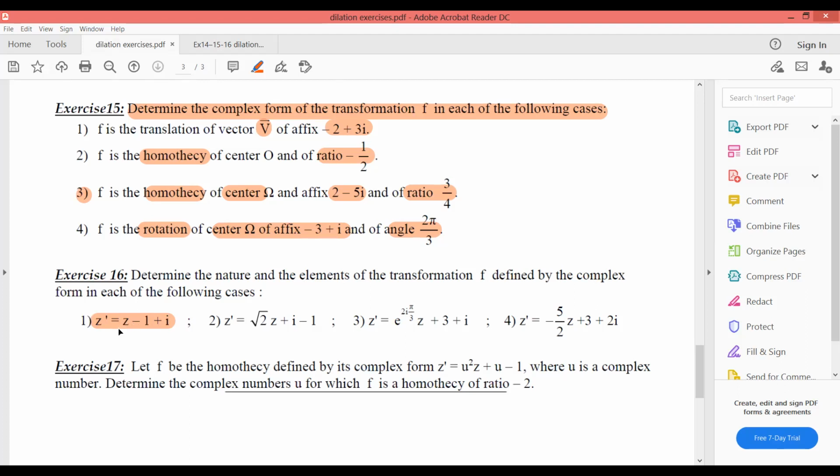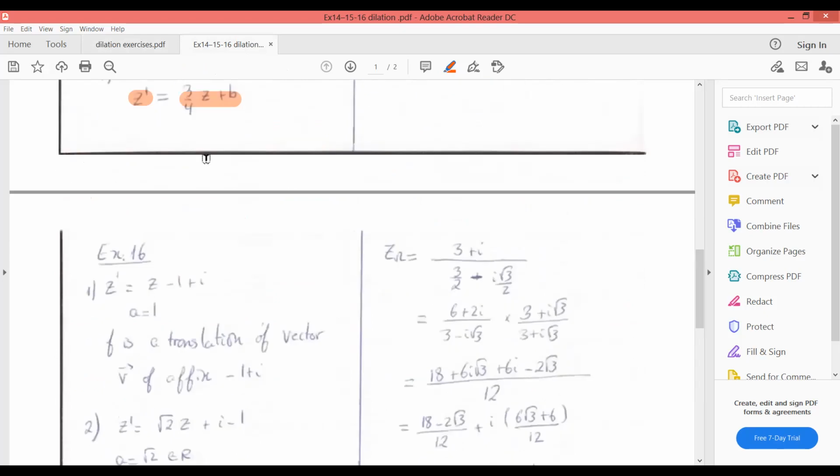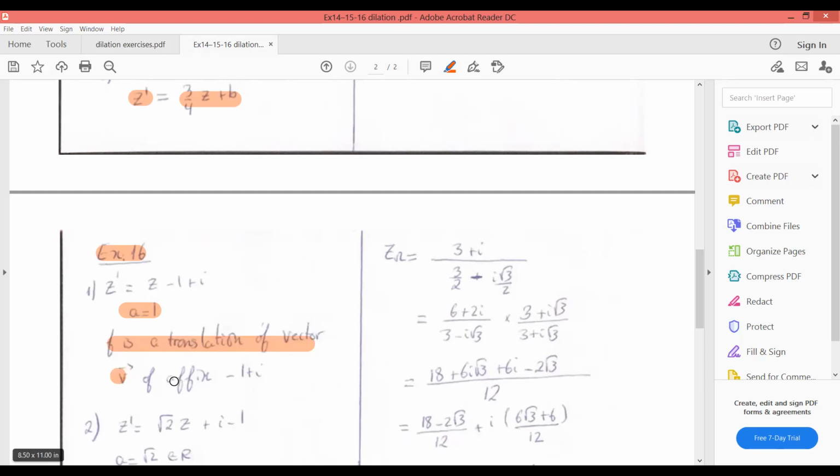Here, since a equals 1, we have a translation with translation vector of affix minus 1 plus i.